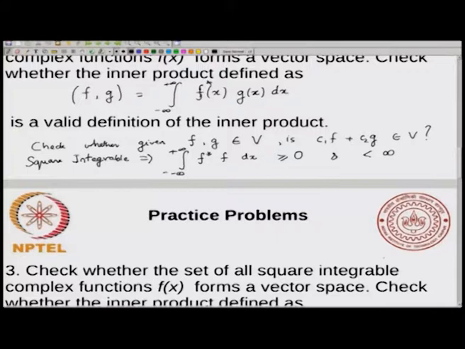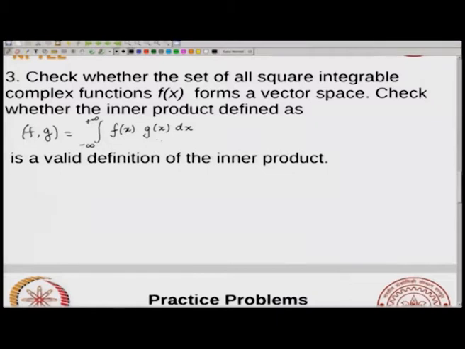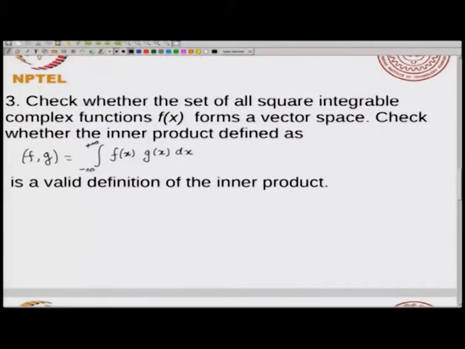So now let us check whether that forms a vector space. If you have two functions that are square integrable, then is a linear combination of them also square integrable. So what you have to check is whether, given f and g are square integrable, is C1f plus C2g also square integrable.